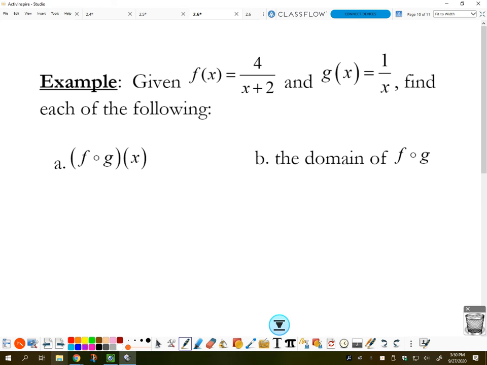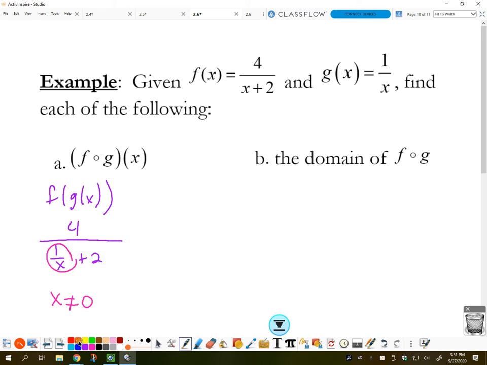So for f of g of x, we're going to do 4 over, and then 1 over x plus 2. So we know that x cannot be 0 because of this itty bitty fraction.